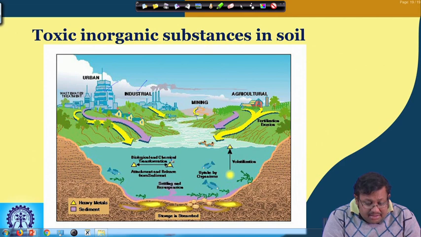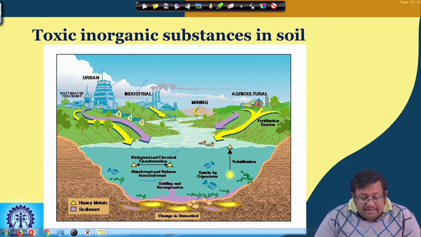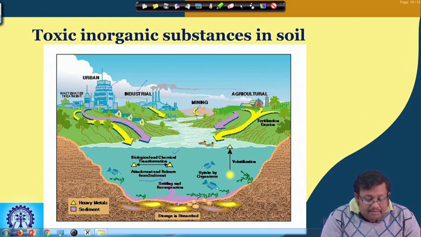These heavy metals are undergoing different types of biological and chemical transformations, ultimately leading to attachment and release from the sediments. And settling into the sediment, and further resuspension and storage in the stream bed, and then they again get taken up by different types of microorganisms, and sometimes these heavy metals get volatilized.